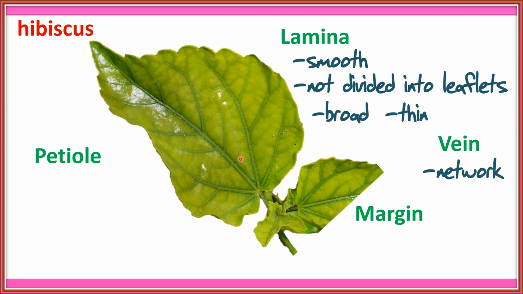The vein, it is network type of vein, as you can see. The margin is serrated. You can see it serrated. And the petiole is short and solid.